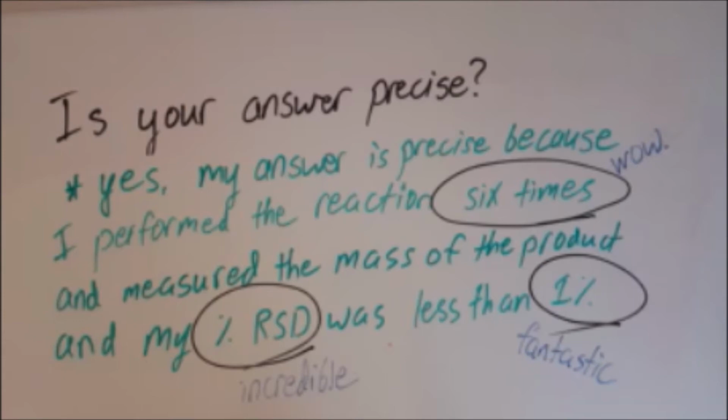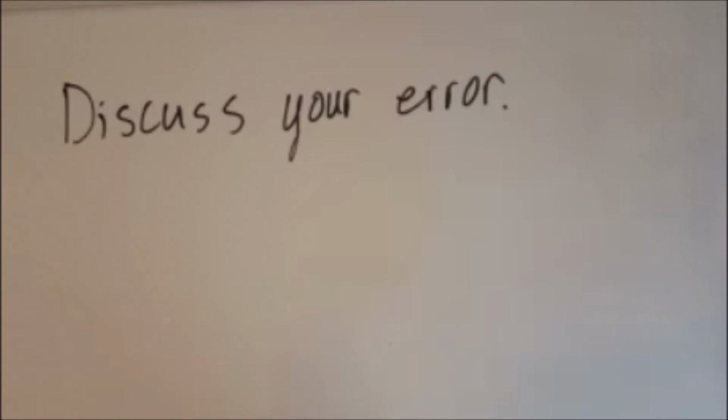Obviously, this is a very general answer, and in a real lab question, you should be more specific about what the experiment actually entailed. Discussing error involves looking into your experiment and finding where your assumptions produced error. Once again, saying that you had human error is not acceptable. Everybody has human error.